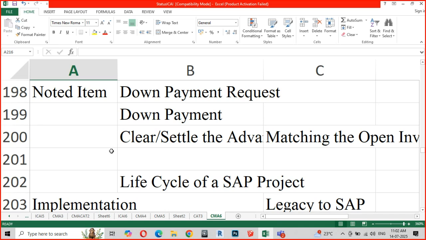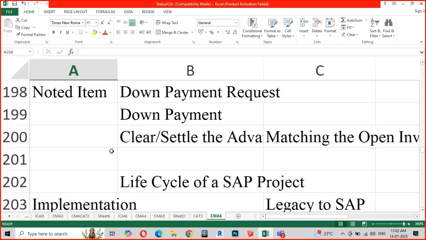Similarly, SAP also follows certain sequentially arranged steps which have to happen necessarily in the same order, so that the final implementation is successful.